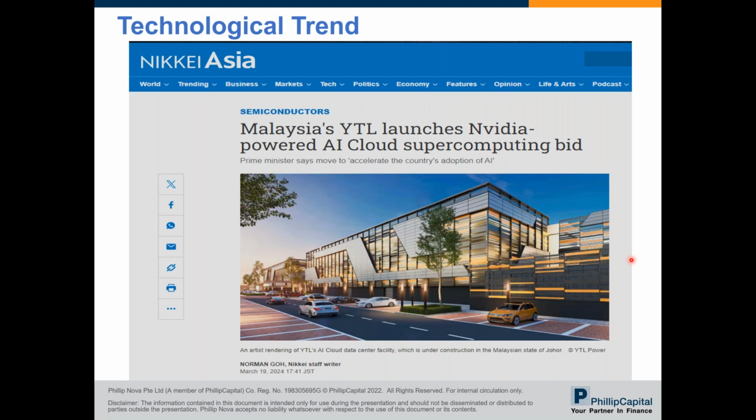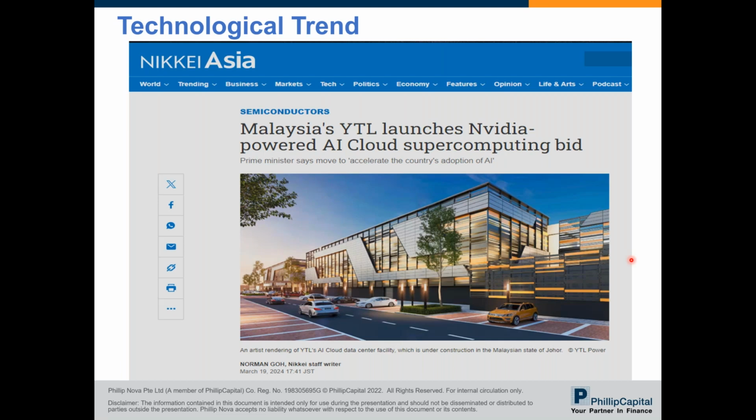And the next piece of news is what I'm actually quite interested in, that YTL Power actually works together with NVIDIA to offer AI cloud supercomputing.